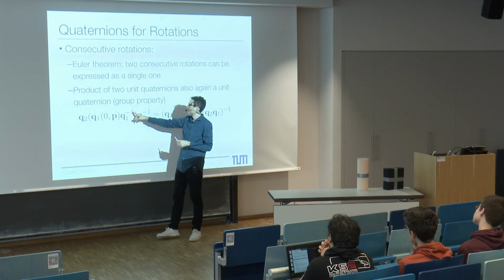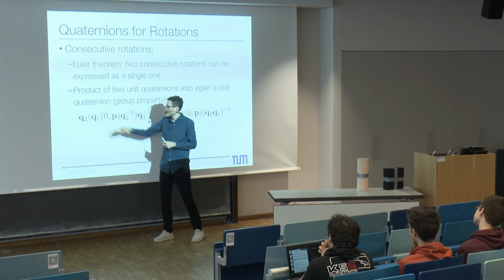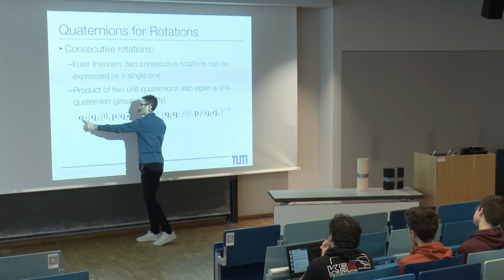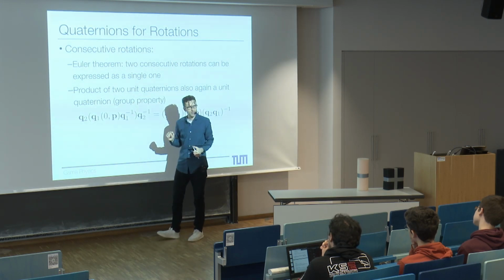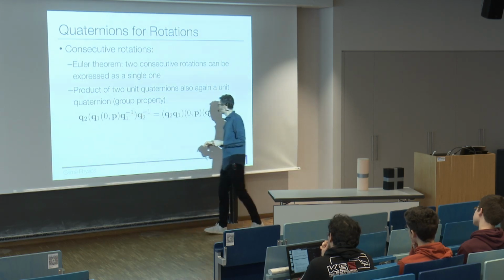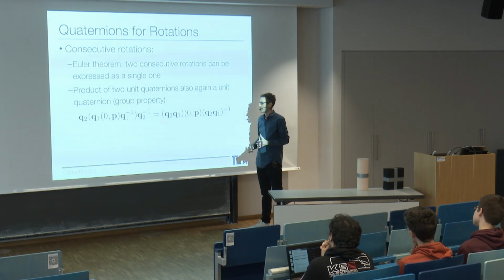Here this conjugate is now written with a -1 actually. So this was this triplet that we had before. This gives us a position rotated by Q1, and then we rotate it by Q2 with these outer two multiplications. We can combine this into a single one by taking Q1 times Q2.